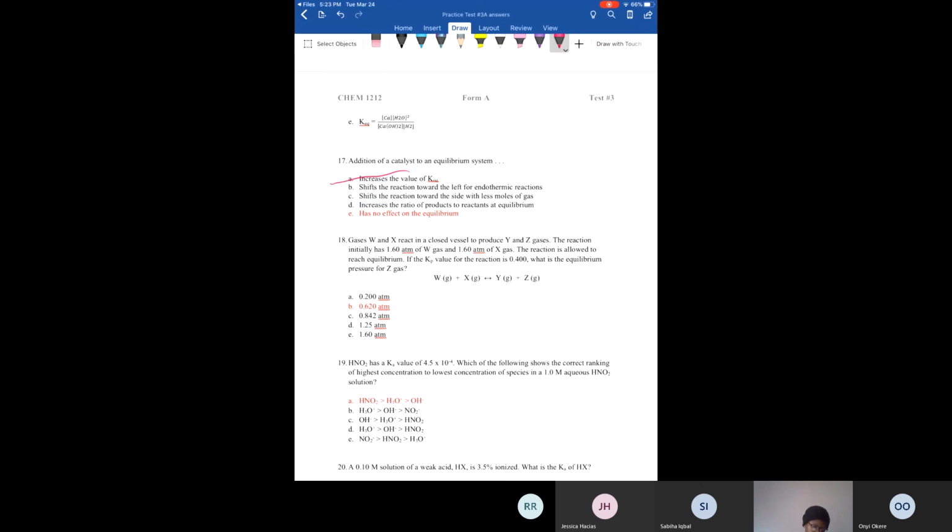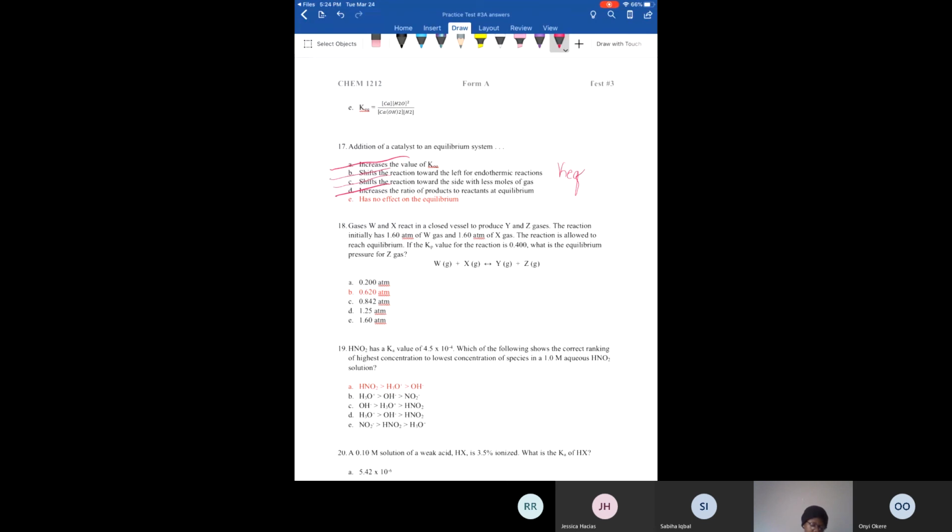Shifts the reaction to left, again, does not have any effect on equilibrium. Increases the ratio of products to reactants. This is again thermodynamics. That is essentially your KEQ, the ratio of products to reactants at equilibrium. So no, it does not affect the thermodynamics of the reaction at all.